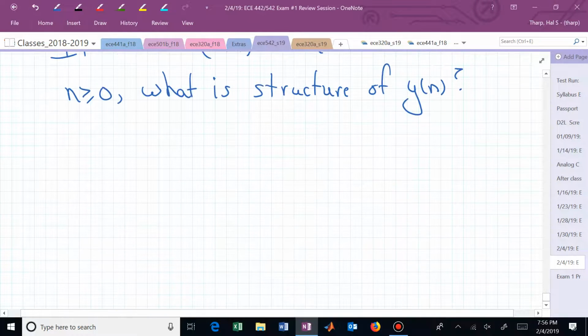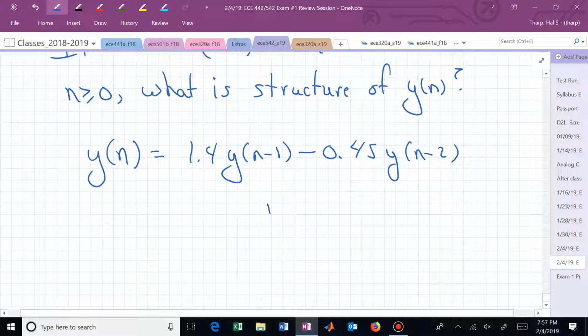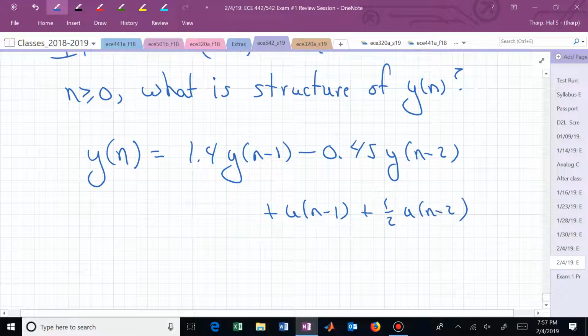We had y of n was equal to 1.4 y of n minus 1 minus 0.45 y of n minus 2 plus u of n minus 1 plus 1/2 u of n minus 2.